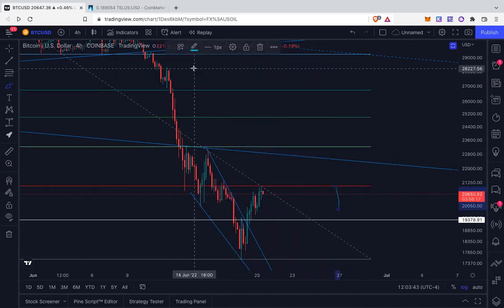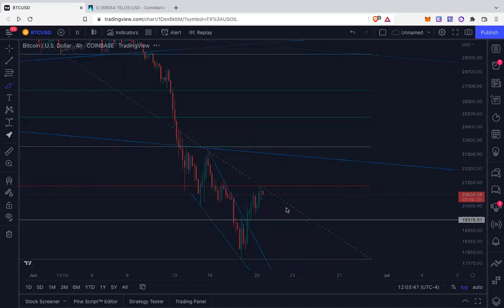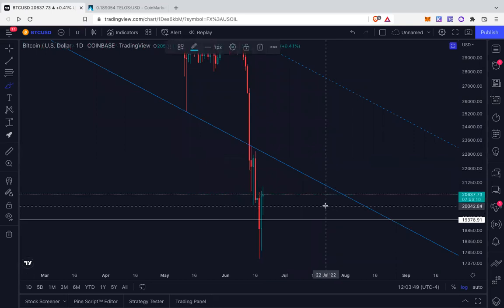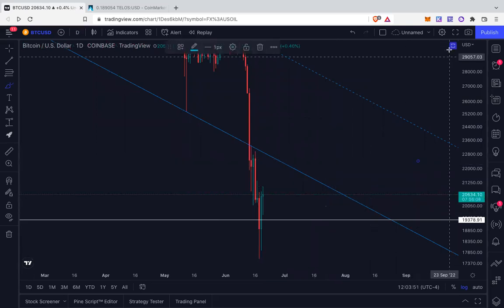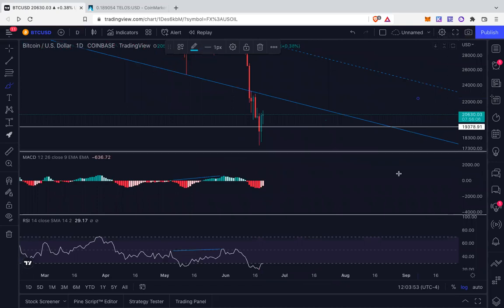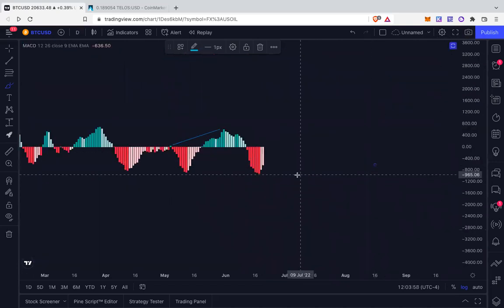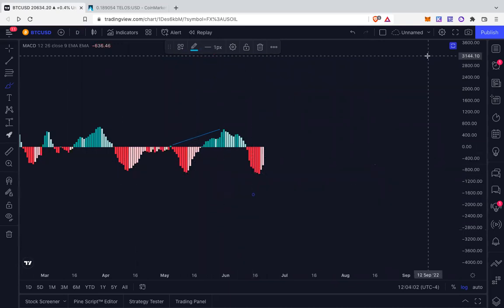But looking at the daily, this one has me a little bit more cautious. When you look at the MACD and the RSI, you have no advantage right now.